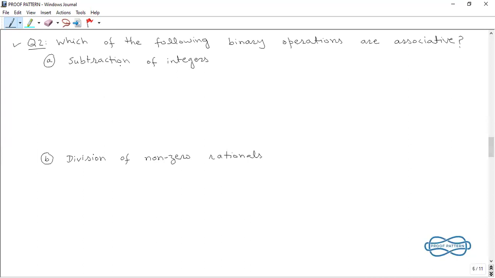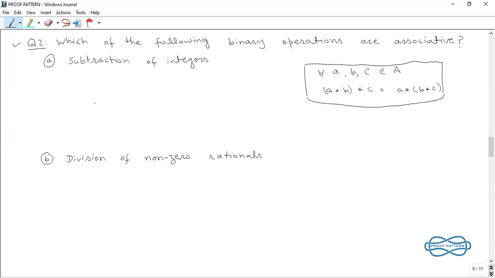First of all, we will see what is the meaning of associative, as we have already seen that if A, B, and C belong to some set A, and if for all elements of A, (A star B) star C is equal to A star (B star C), where star is the binary operation, then we say that this binary operation is associative. So here we want to check whether subtraction of integers is associative or not.